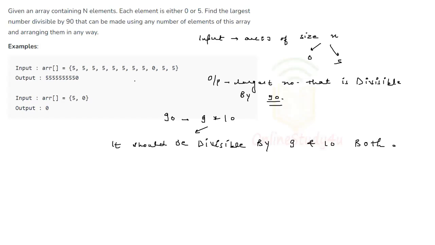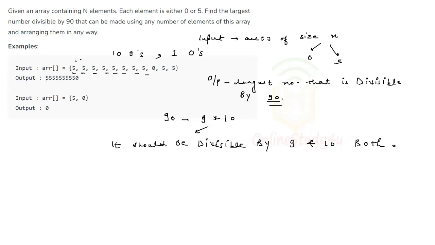Let's look into the example first. When you look in the input, you have 5, 5, 5. Let's count the number of fives once: 1, 2, 3, 4, 5, 6, 7, 8, 9, 10. You have 10 fives and 1 zero. Correct?